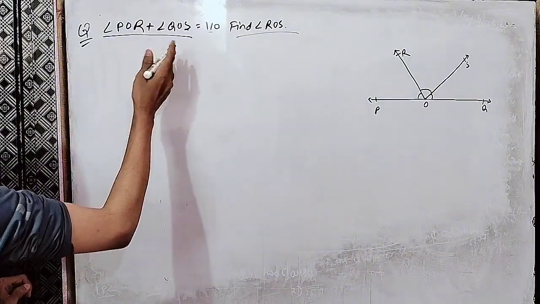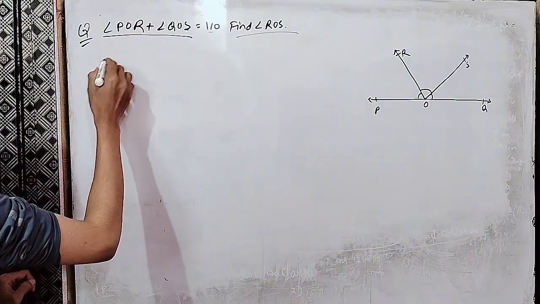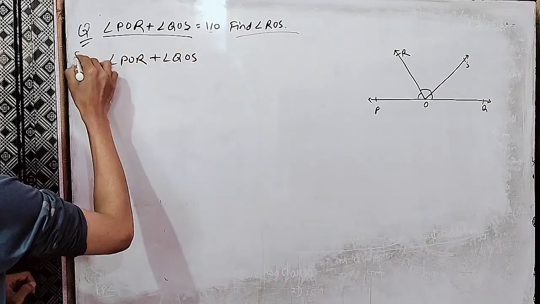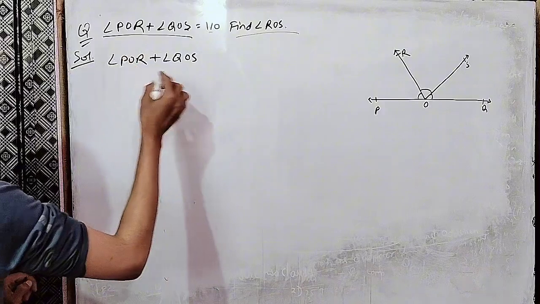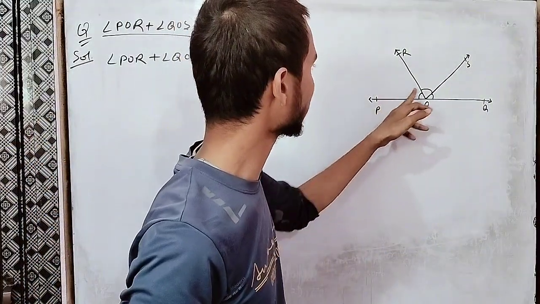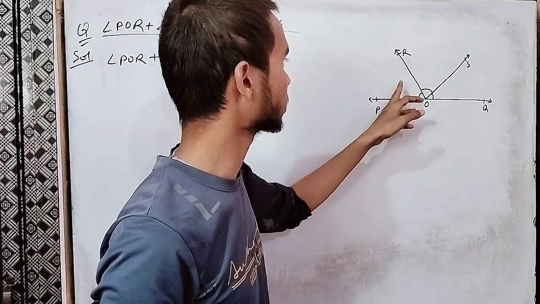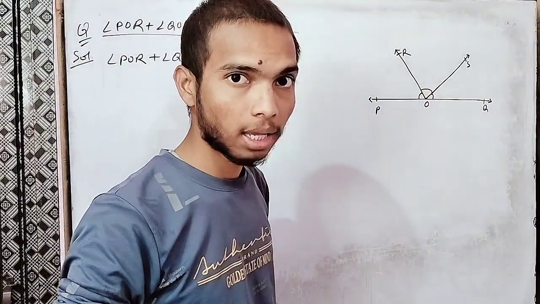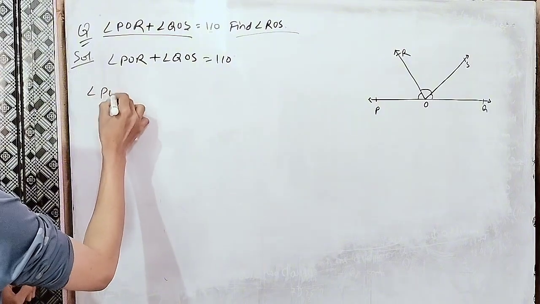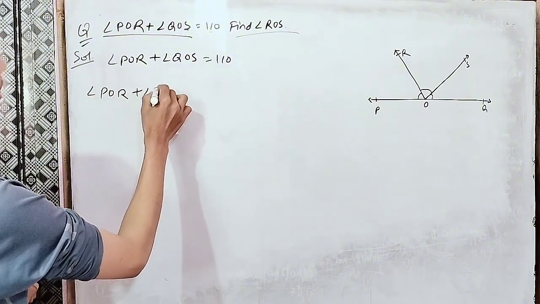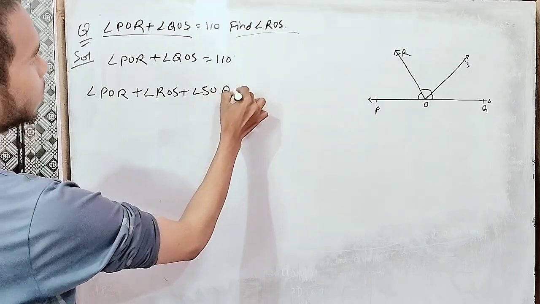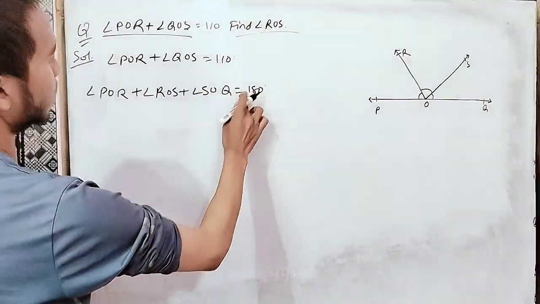How? First of all, we have an equation, angle POR plus angle QOS, which is 110. Now you can easily say that the sum of all these angles will be how much? 180. So we can write angle POR, angle ROS, and angle SOQ is 180.